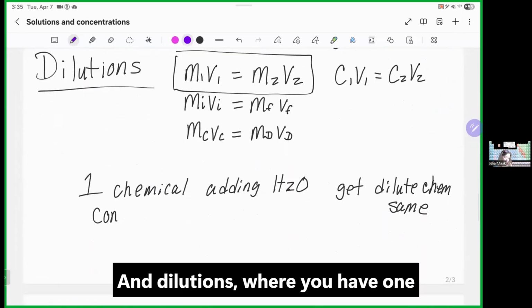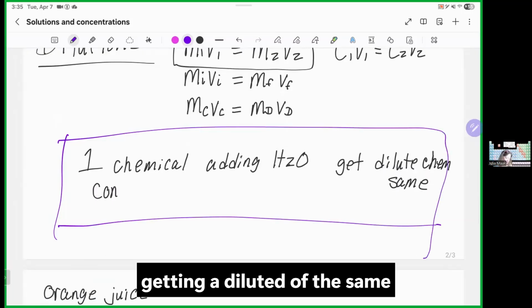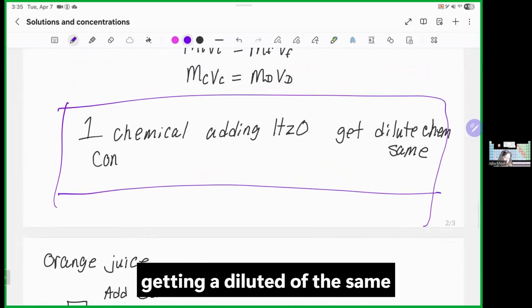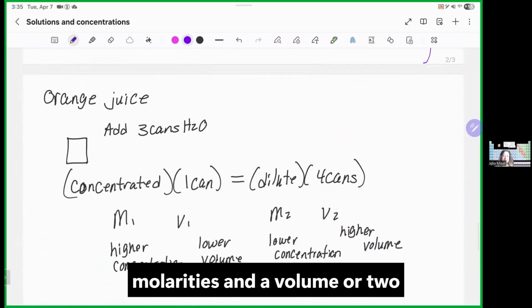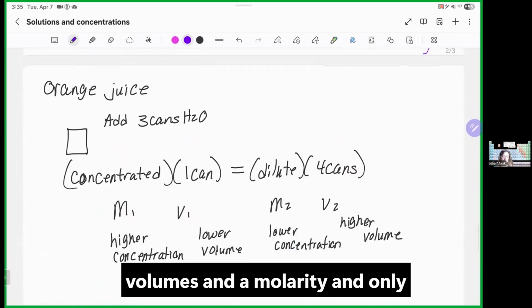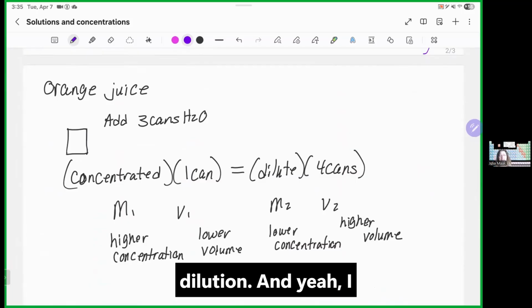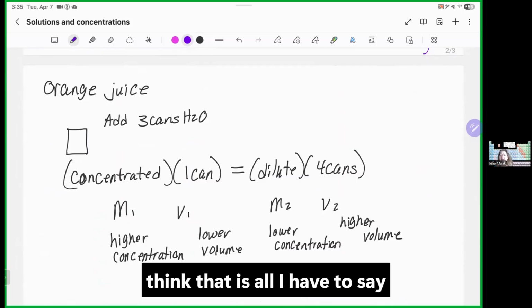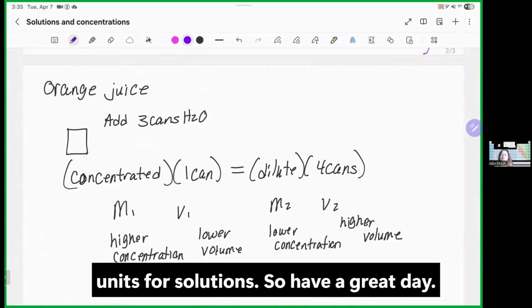And dilutions, where you have one chemical, you're adding water, and you're getting a diluted solution of the same chemical. So if you're given 2 molarities and a volume, or 2 volumes and a molarity, and only one chemical, that is a dilution. And I think that is all I have to say about solutions and the concentration units for solutions.